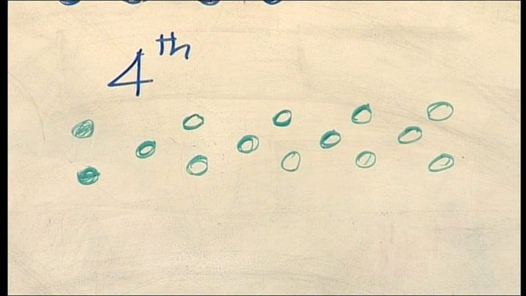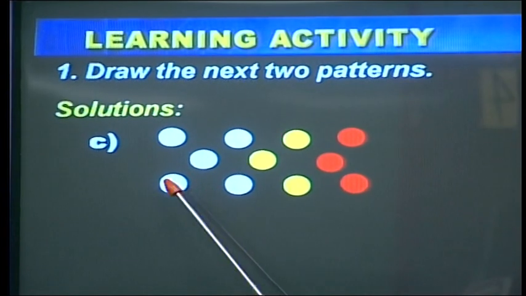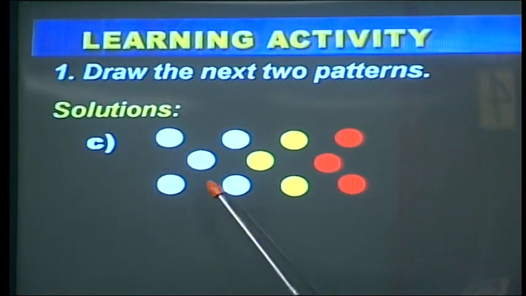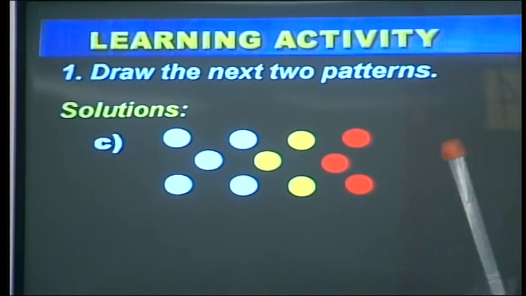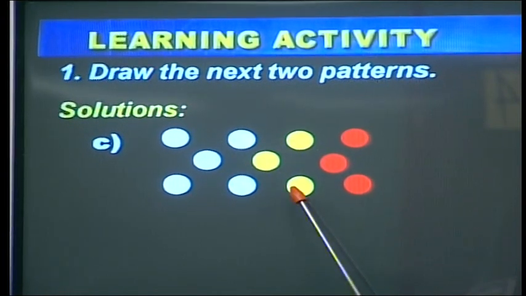Okay, the next two patterns we have here, the third pattern, having in mind we are climbing up by 3 each time. So your pattern should look something like this. We have dots represented in white color, that is the first term, plus 3, that is the second term now, which is 8, plus another 3, 11.